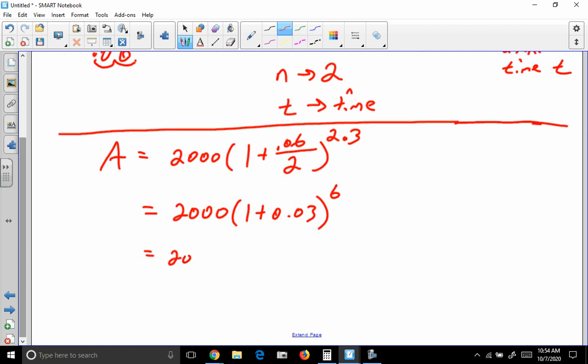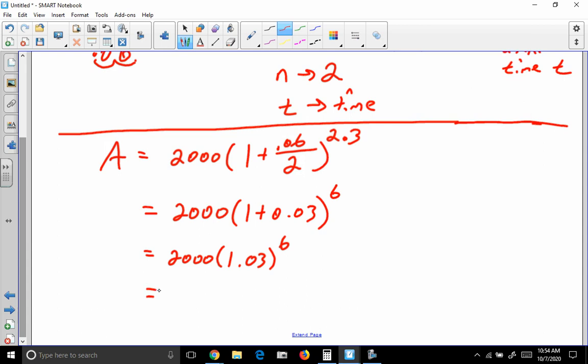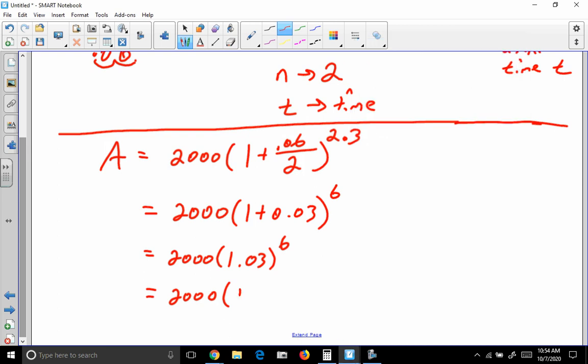So on the inside of that parenthesis, we get 1.03. After we do parentheses, we have to do exponents. So we're going to do 1.03, raise that to the 6th power, and we can write that number down. I'm going to keep that whole thing in my calculator as I'm doing my calculations, but we can call that about 1.19.